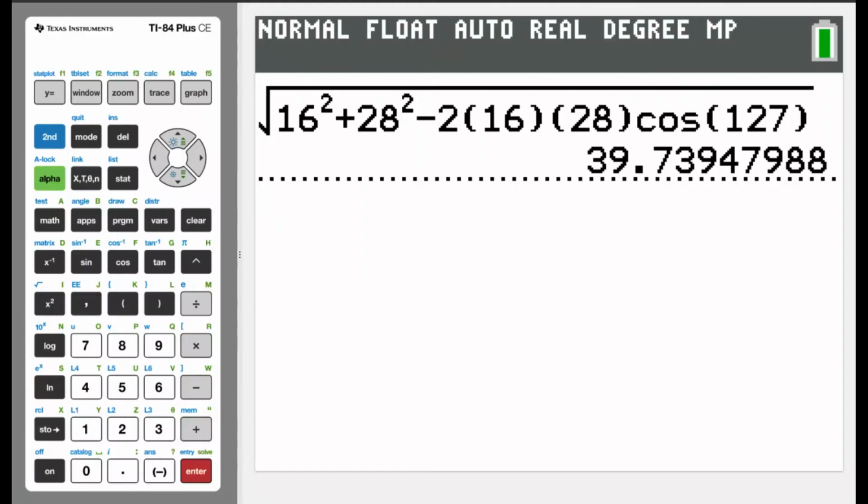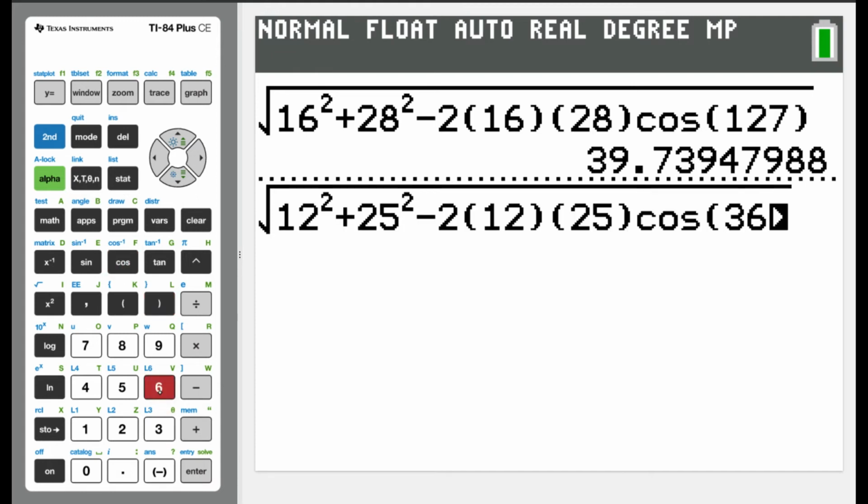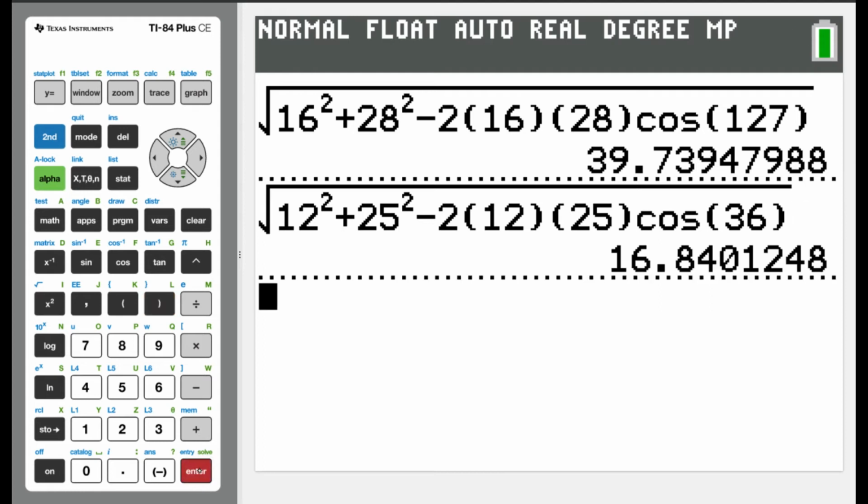So I'll pull up my calculator, second x squared, that brings up my radical. 12 squared plus 25 squared minus 2 times 12 times 25 times the cosine of 36. So here we should be getting 16.8.